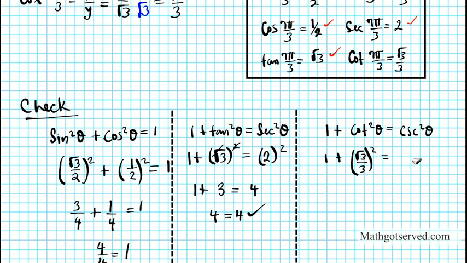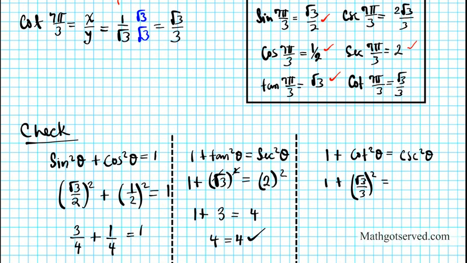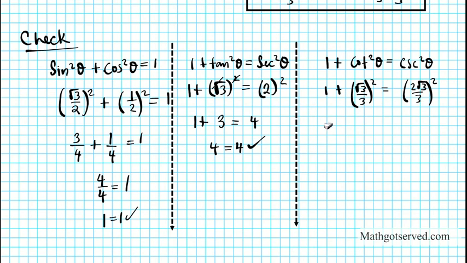Is it equal to cosecant? Cosecant is 2 root 3 over 3, squared. Okay, let's go ahead and simplify that. We'll have 1 plus, if I square the numerator and the denominator applying the quotient property of exponents, I'm going to have 3 over 9.